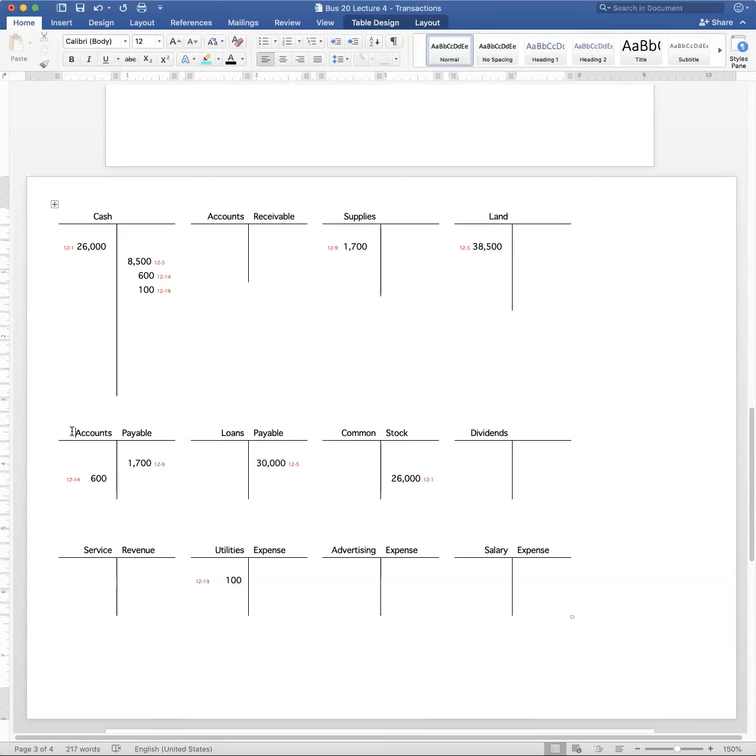After that, we have accounts payable, we have loans payable. Those are both liabilities. Okay? Then we've got common stock. That is equity. And then down here at the bottom, we have revenues and we have all of our expenses. All right, so does that order sound familiar?